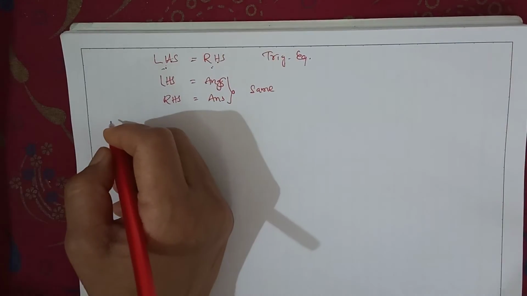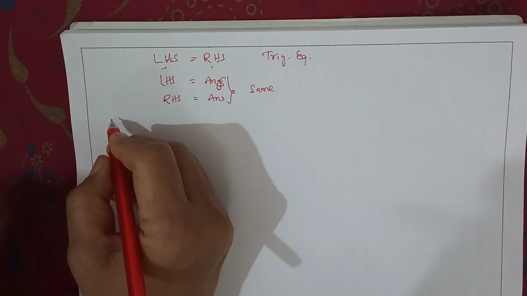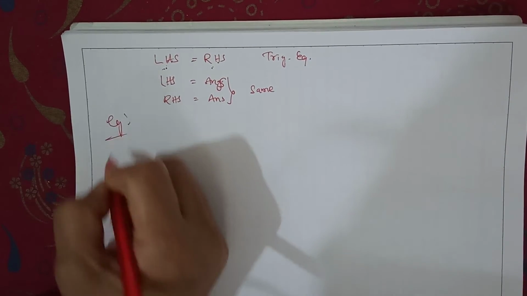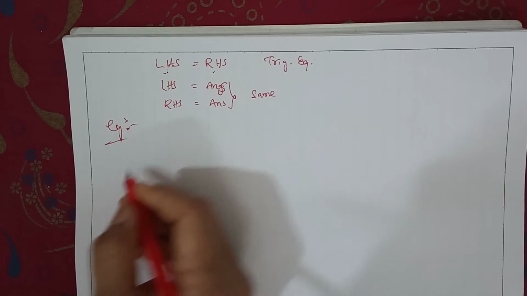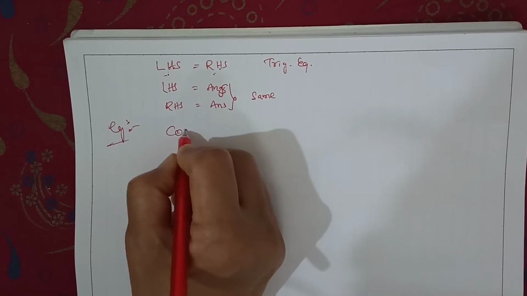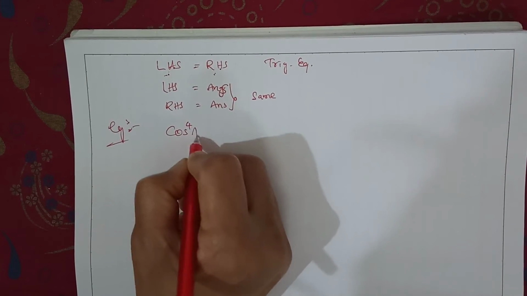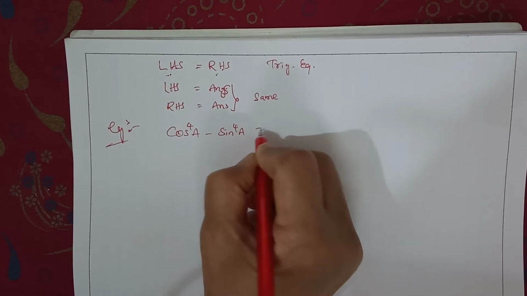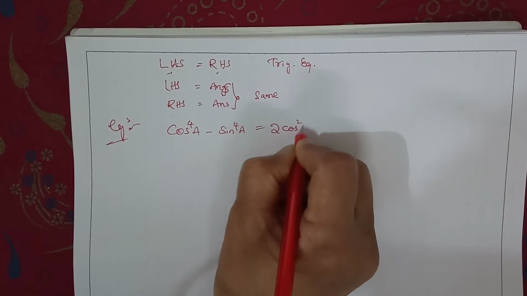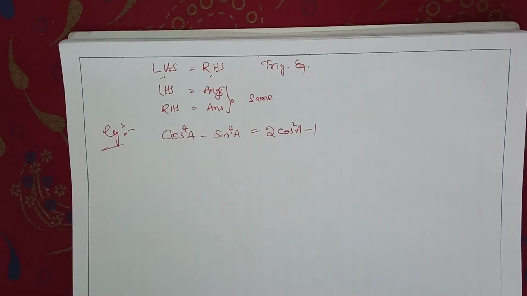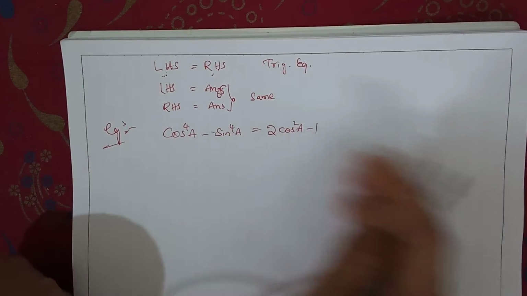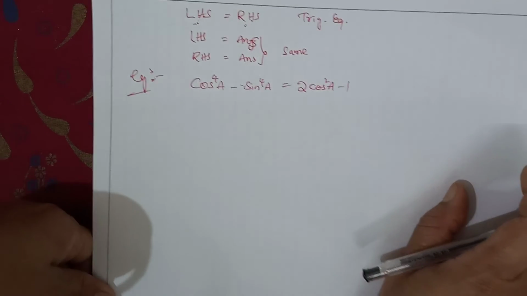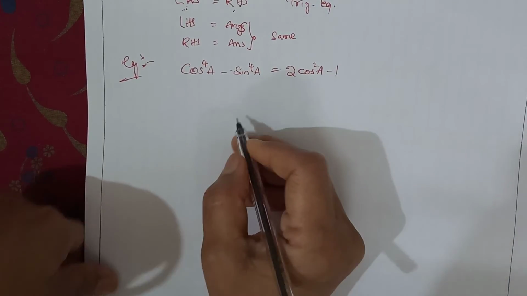First example, any one example I will take, children, just to make you understand more clearly. Let us go with cos to the power of 4 A minus sin to the power of 4 A is equal to cos square A minus 1. Okay, this is called a trigonometric identity. Now we will solve it.